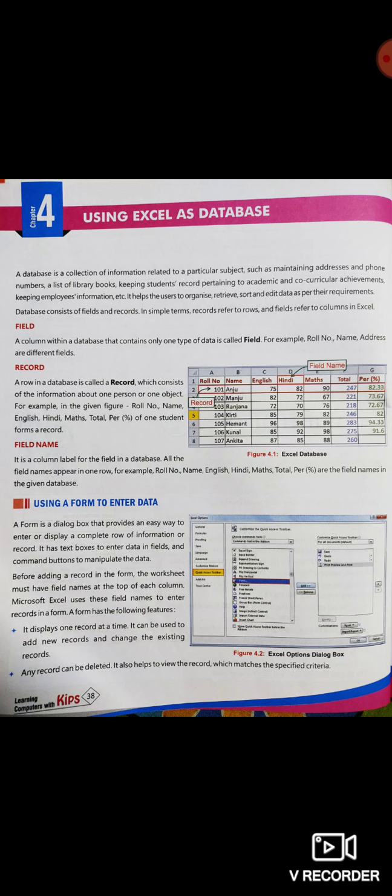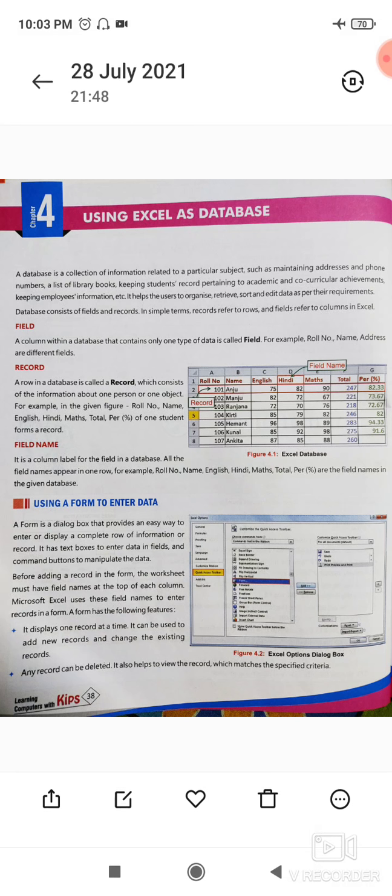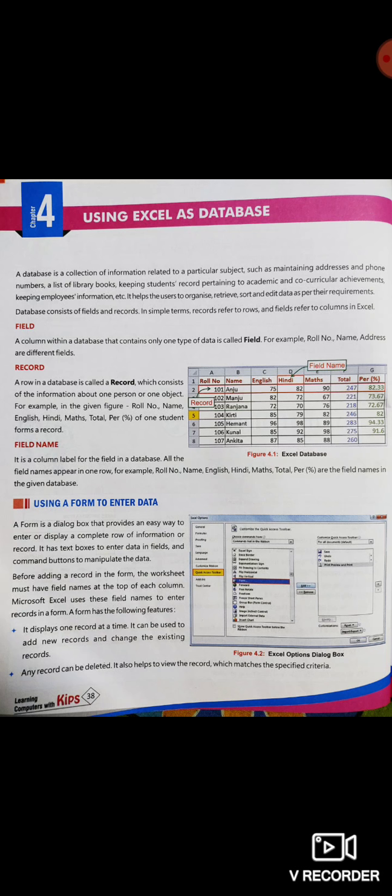Suppose you want to find every detail of roll number 101, then you have to write a search criteria according to that particular condition. So a form also helps to view the record, and it also provides the option to use criteria.